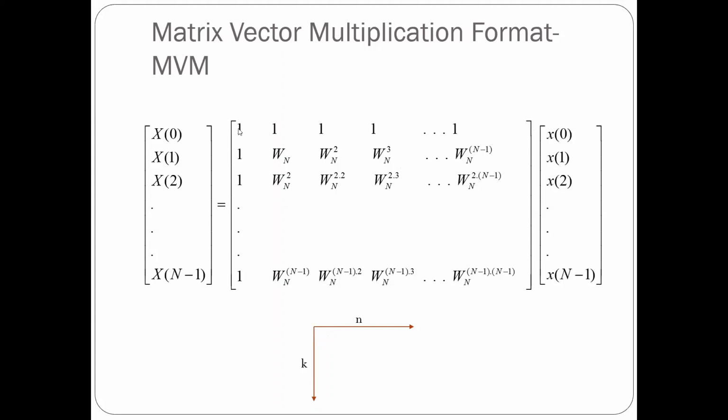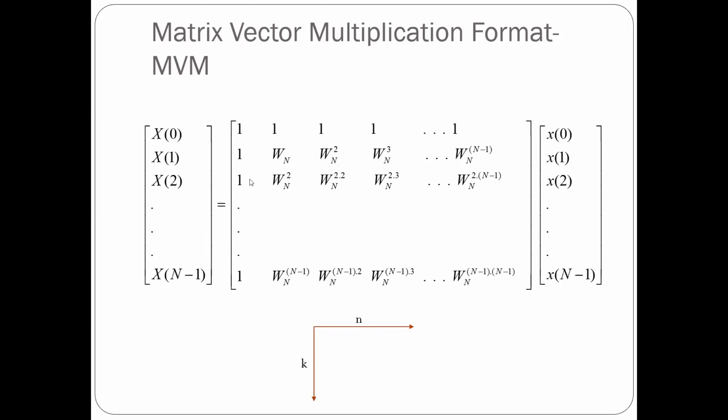And along the column you have the value for n. For example, this is used for multiplying x of 0. This will multiply x of 1. This will multiply x of 2, x of 3, etc. This is multiplying x of n minus 1. So here you have n. n is increasing from left to right. k is increasing from top to bottom.